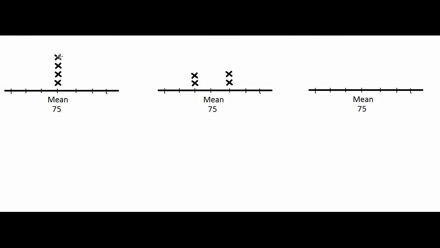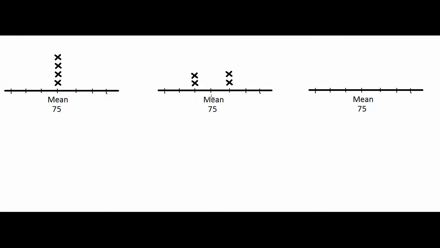So in this example, I was saying that all 4 students got a 75 and the mean was 75. In this example, I'm saying that 2 students got 74s and 2 students got 76s. And the mean of this class would also be a 75 because if you added these 4 numbers and divided the total by 4, you would get 75.